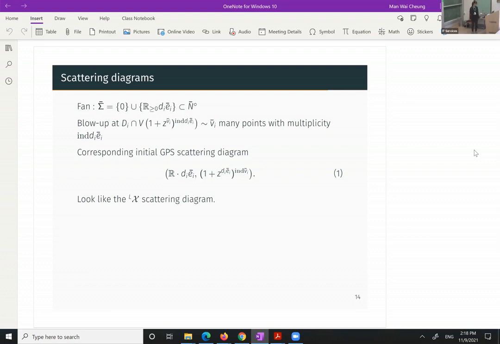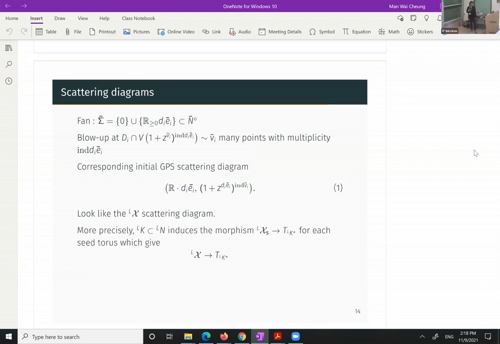So more precisely, for this kernel K, not only does K give me the T_K action on the A torus, it also gives me a fibration of the X torus.